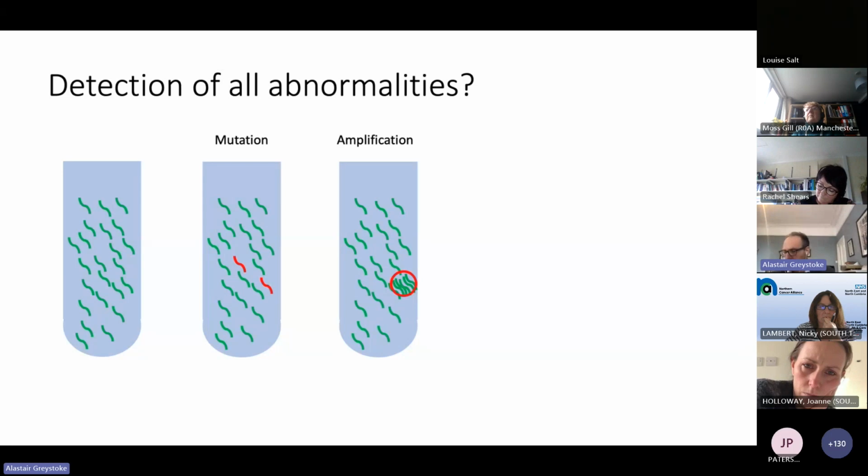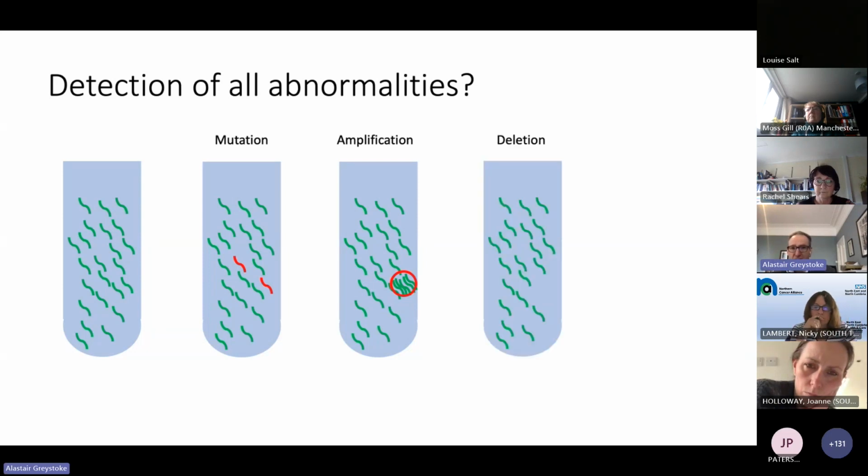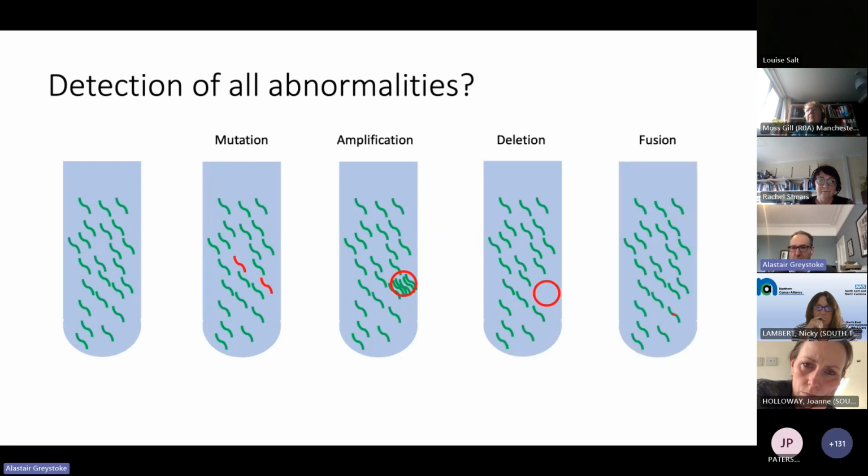So picking up an amplification when you've only got small amounts of tumor DNA can be very challenging, because you're trying to see amplifications in tumor DNA that may only be present at very small levels. Similarly, trying to look for a deletion, where you're looking for something not to be there, can be very challenging, because again, we're looking at very low levels of tumor DNA. And similarly for fusions, you can see that there's this very small change in the DNA.